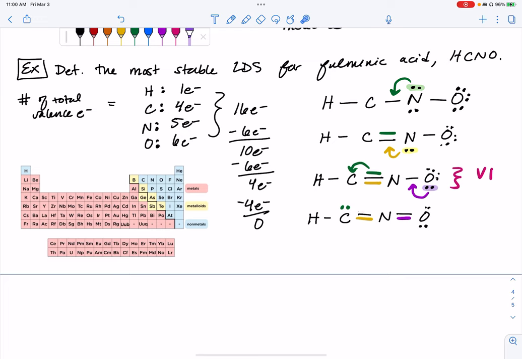Looking at my nitrogen, 2, 4, 6, 8, this octet is met. And looking at this oxygen, 2, 4, 6, 8, this octet is met. So this is another possible Lewis representation of my compound.